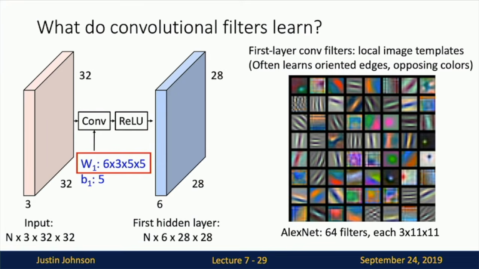Or equivalently, when we view the output of the convolution as a grid of feature vectors, for AlexNet it gives us a 64-dimensional feature vector at every position in the input image, and the elements of that feature vector correspond to the degree to which the corresponding chunk of the input matches up with each of these templates learned in the first layer.